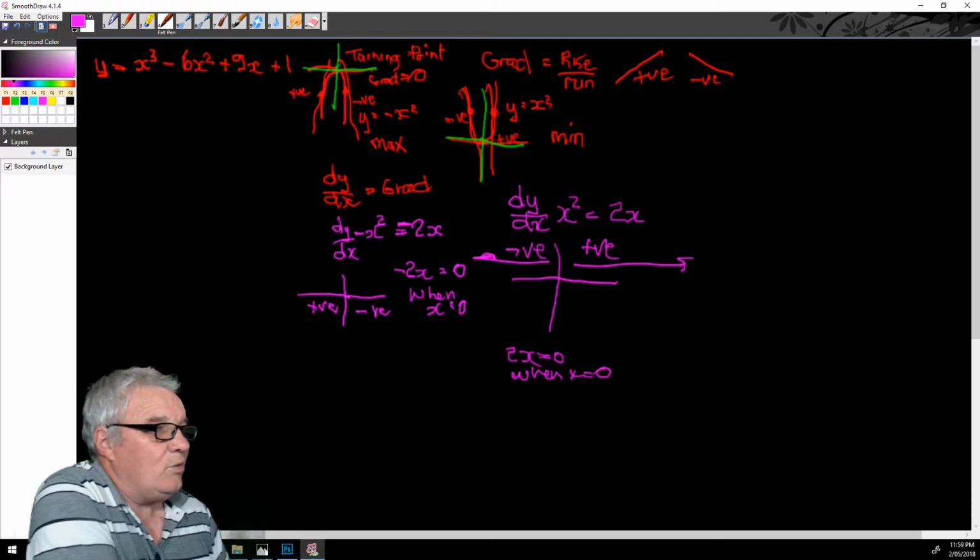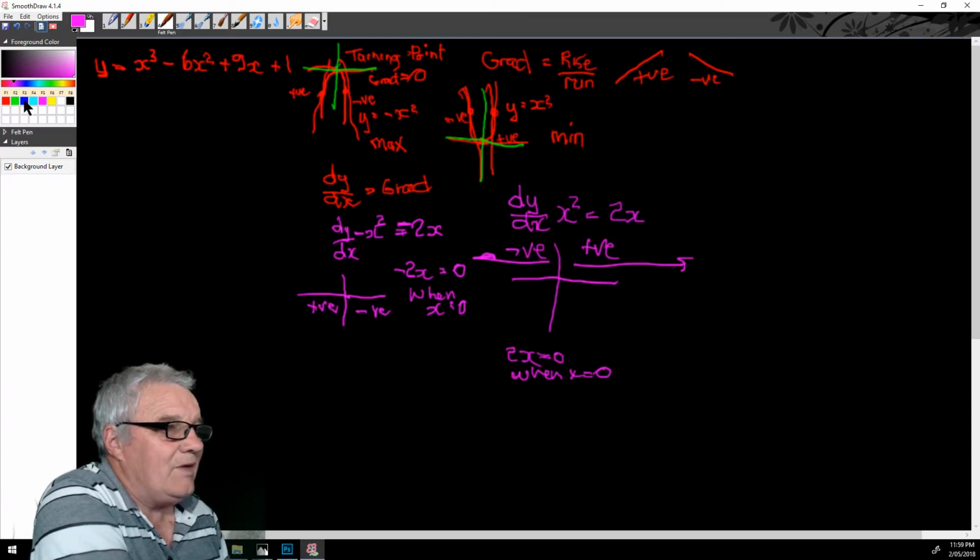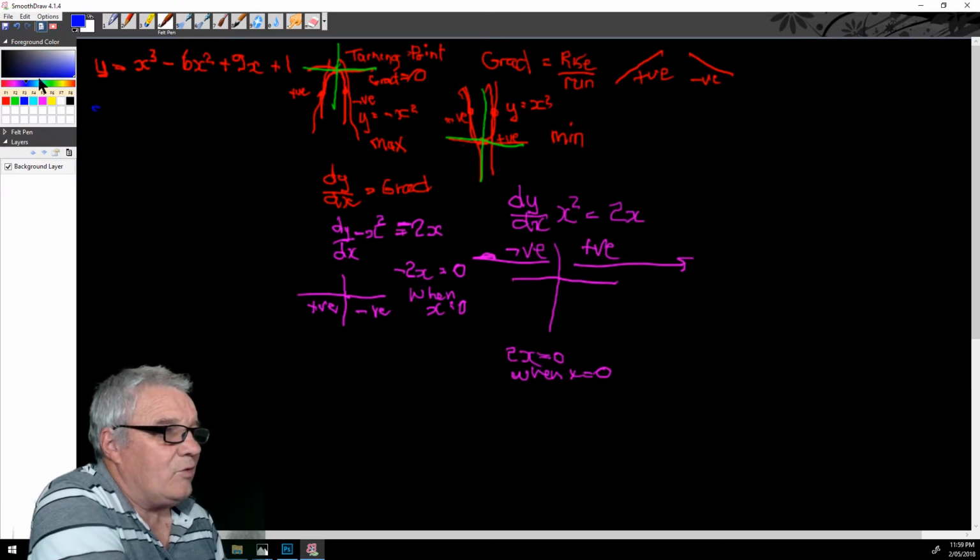What we can do now is look at this gradient function, perhaps in blue. No, that's not good, we'll go back to red.